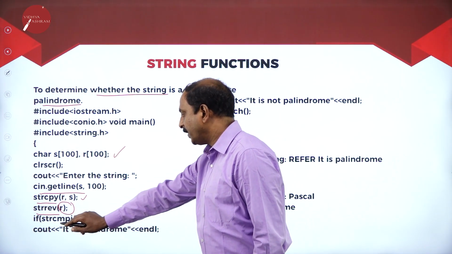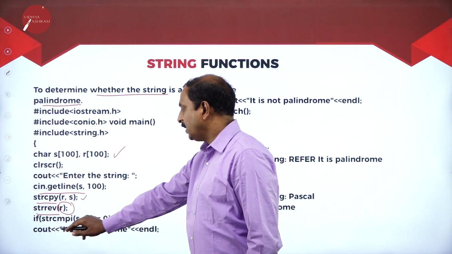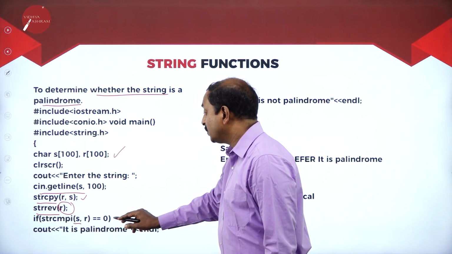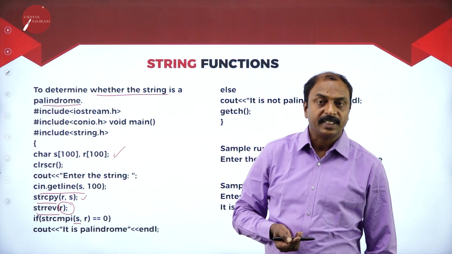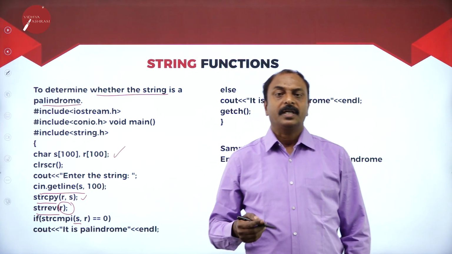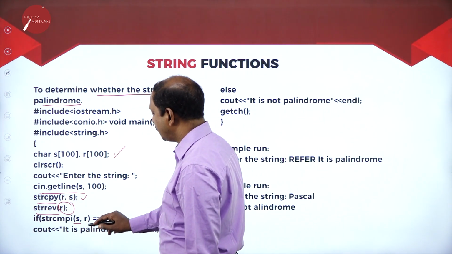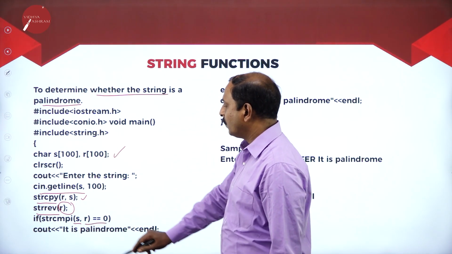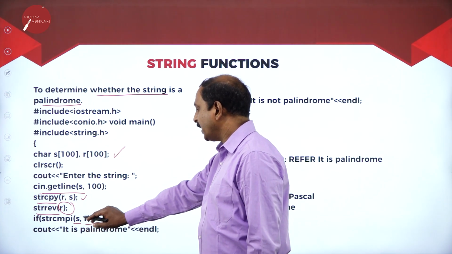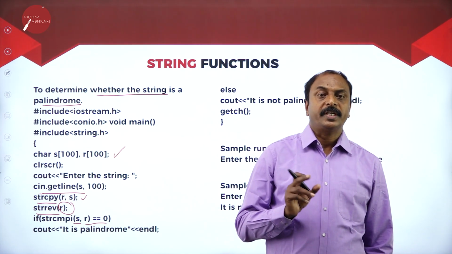So string comparison, strcmpi, where i stands for ignore case, S comma R, and with the help of an if condition, if this is equal to 0, as we have seen in the previous example, the string comparison function results in 0, or greater than 0, or less than 0. So if after comparing strings S and R the result is 0, then it means that the two strings are equal.